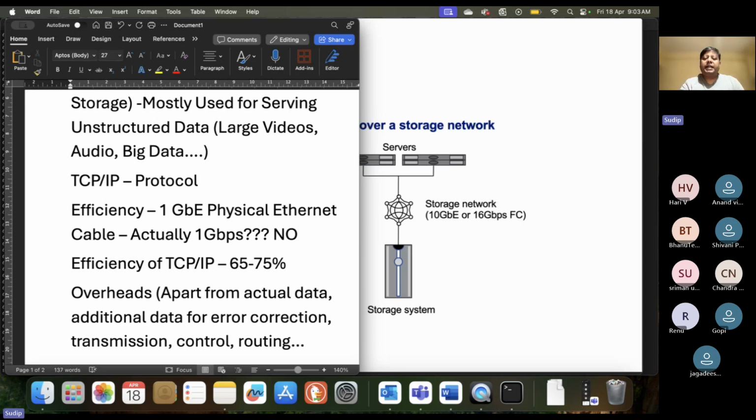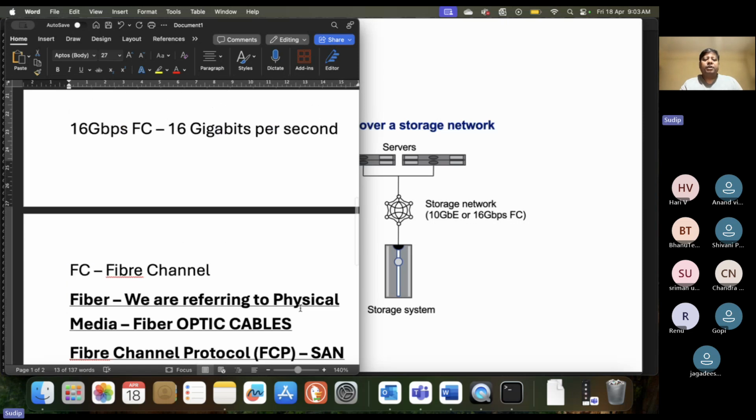So your data packet will have all this additional information apart from your actual data. And that is how, when you are measuring how much throughput or actual speed you're getting for your data, it drops from 100 to 65 to 75% because of all these overheads.